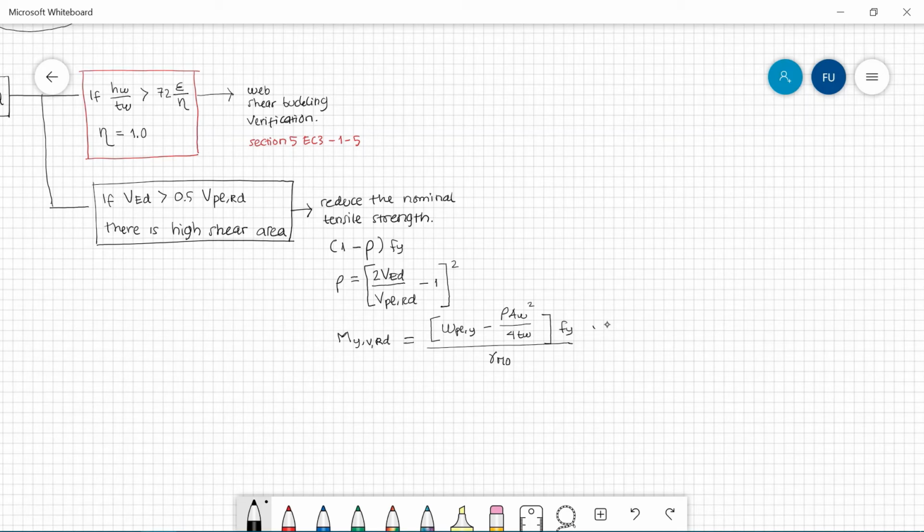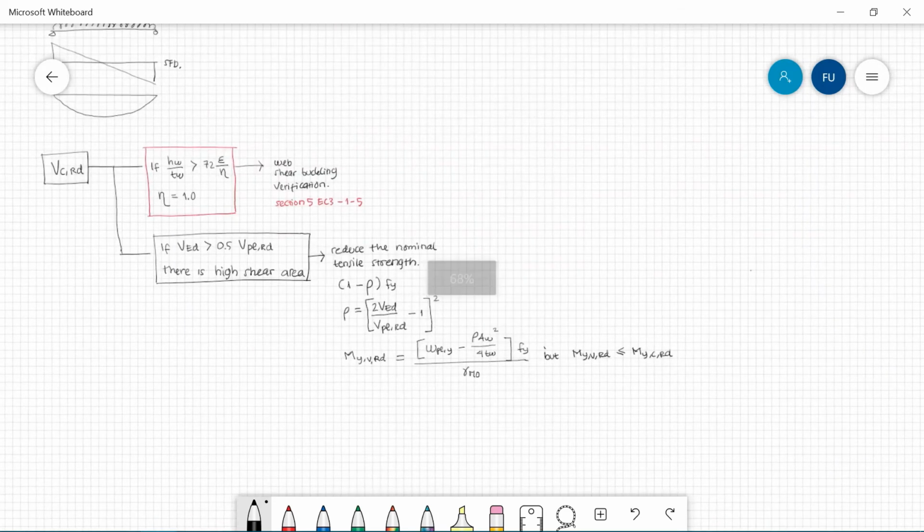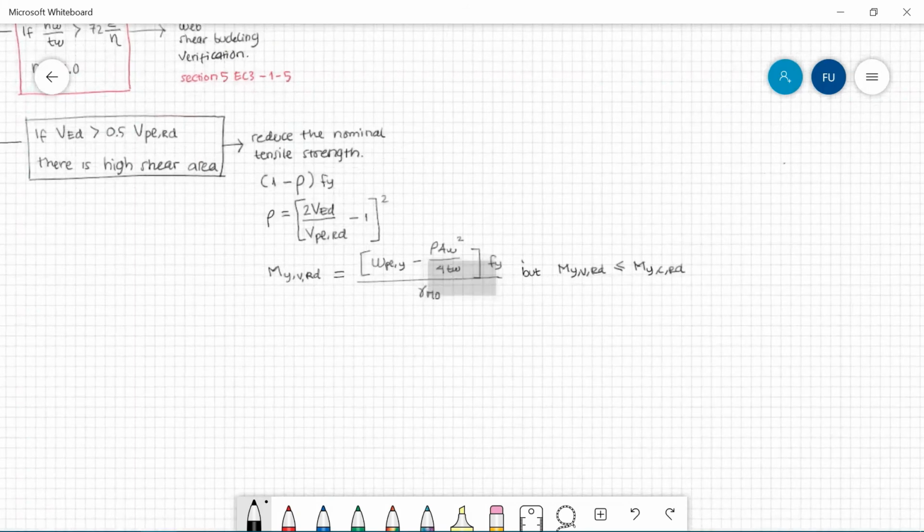But the value MyVRD should be less than or equal to MyCRD. All this explanation is stated in clause 6.2.8 of Eurocode 3 part 1.1.